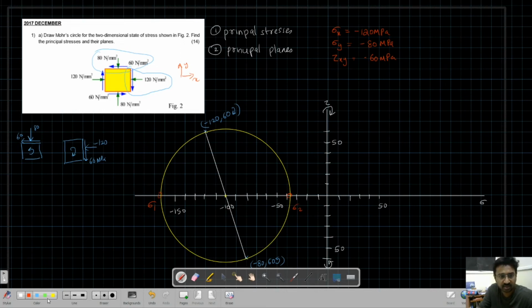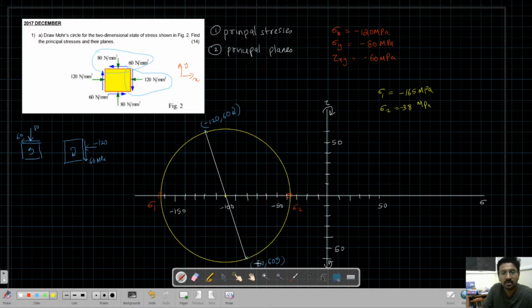We can observe from this that sigma 1 is approximately 165 MPa, and sigma 2 is somewhere around 38 MPa, again minus.